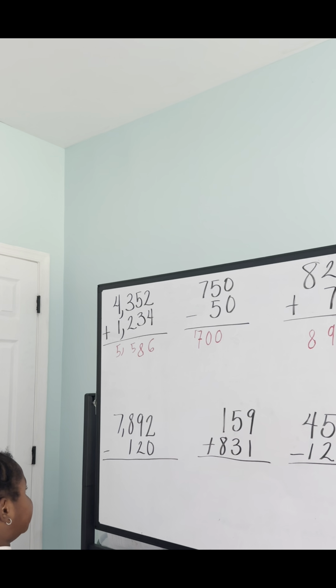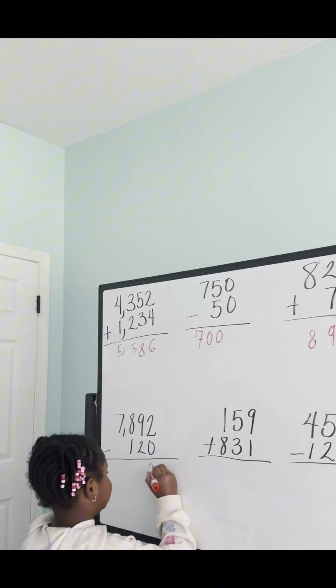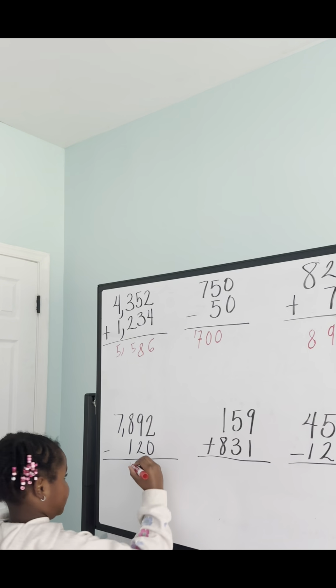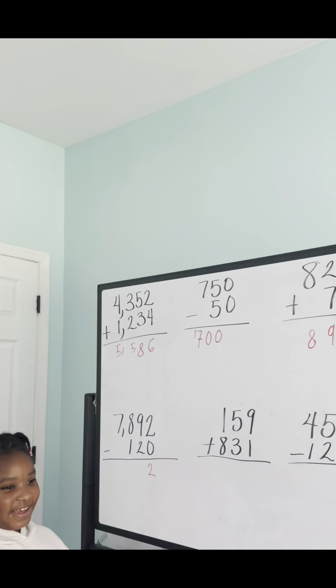Okay, 7,892 minus 120. Okay, 2 minus 0, 2. 9 minus 2 is 7.